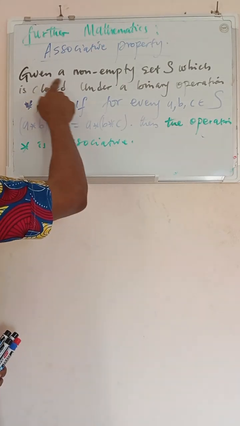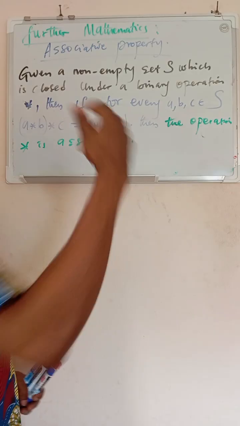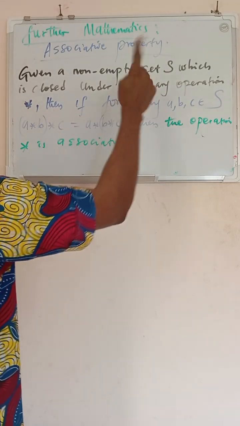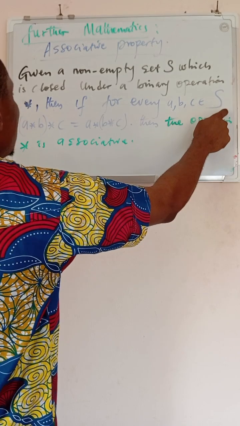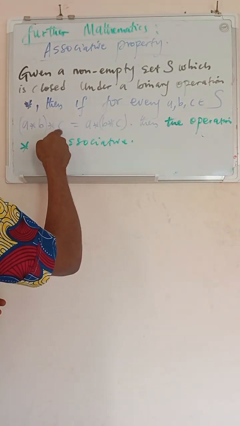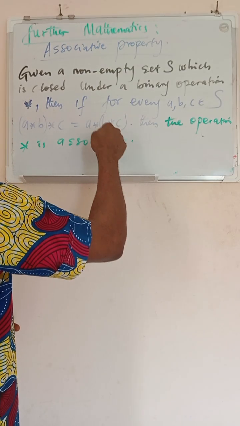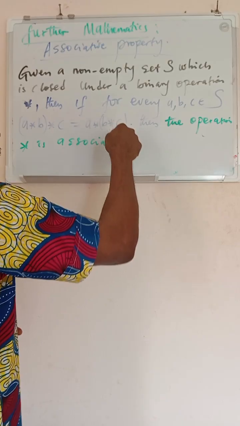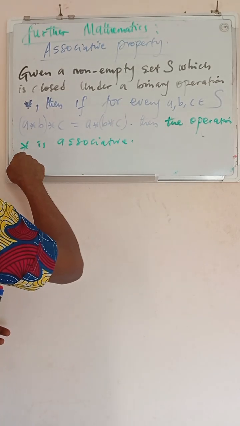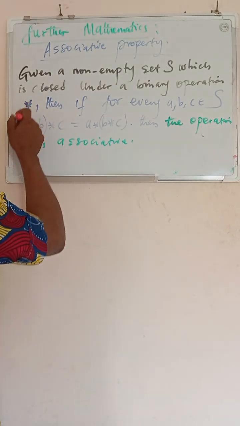That is why we say given a non-empty set X, which is closed under a binary operation asterisk, then if for every A, B, C element of X, (A asterisk B) asterisk C must be equal to A asterisk (B asterisk C), then the operation asterisk is associative. Look at where the definition lies.